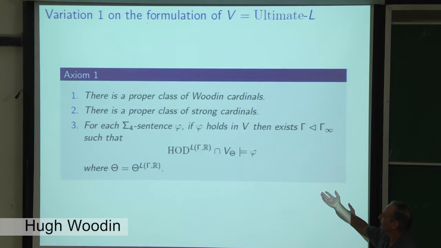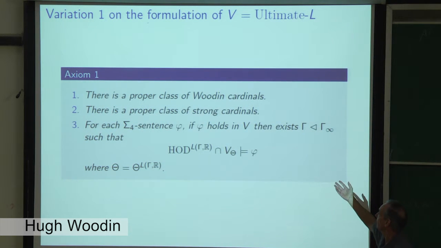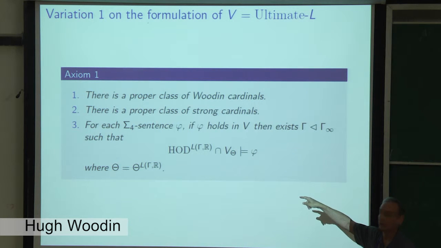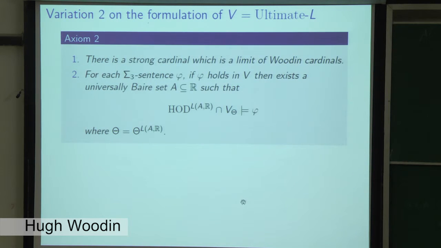So this says there should be some closure that enables you to reflect sigma 4 sentences. But if you can do that, then you can reflect sigma 3 sentences into the HODs of the L of A and R's cut at their thetas. That's axiom 2. We can't reflect sigma 4, at least I don't know that.